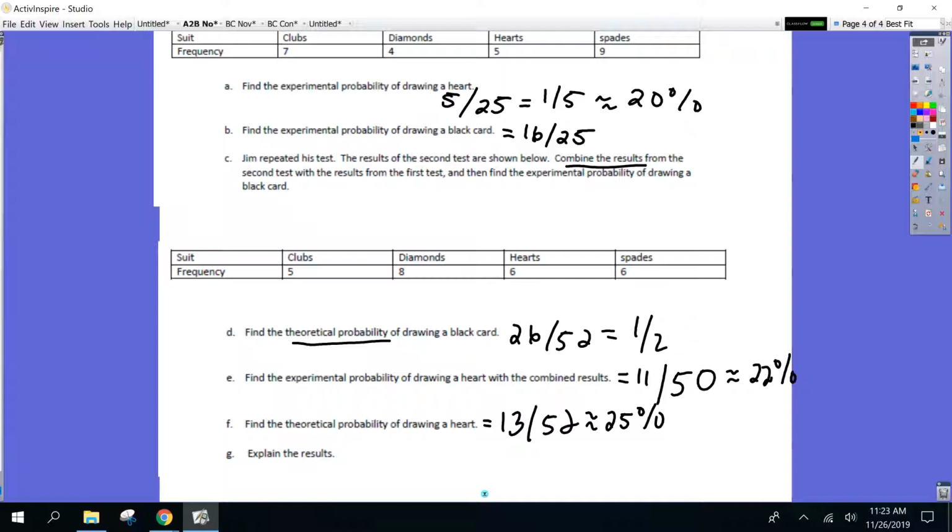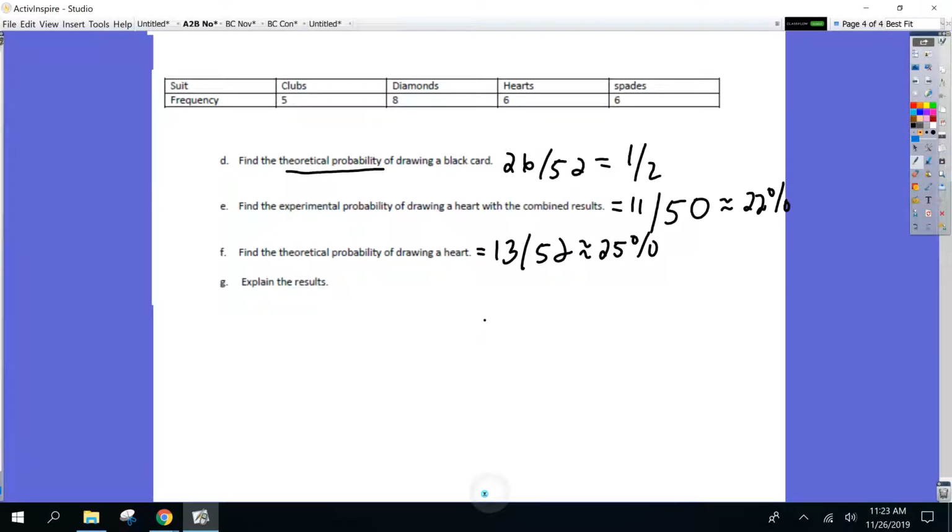Why did it go from 20 to 22, which is getting closer and closer to 25? More trials, closer it gets to theoretical, yes. And that's the big thing for today. More trials, the experimental gets closer to the theoretical.